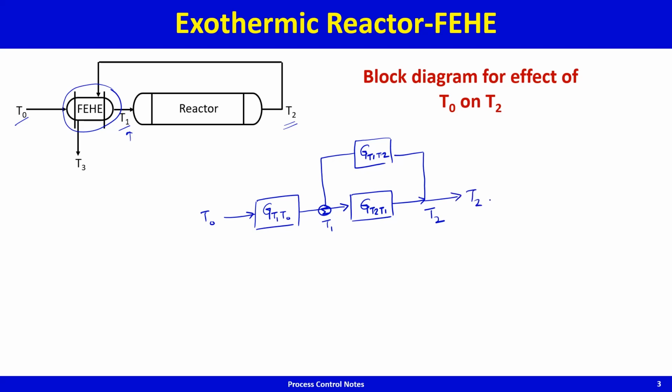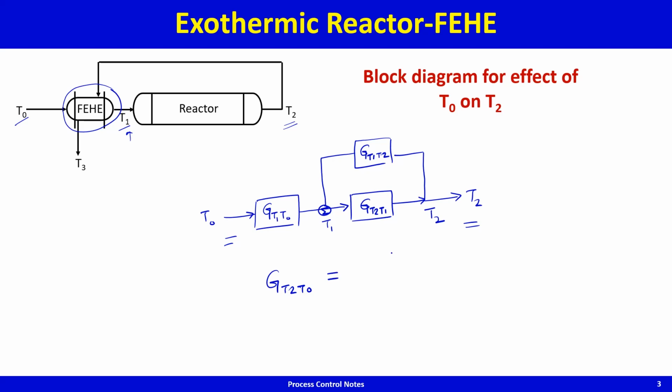So now if you look at this, the overall transfer function from T naught to T2, so G effect on T2 of T naught, is going to be equal to whatever is in the forward path.